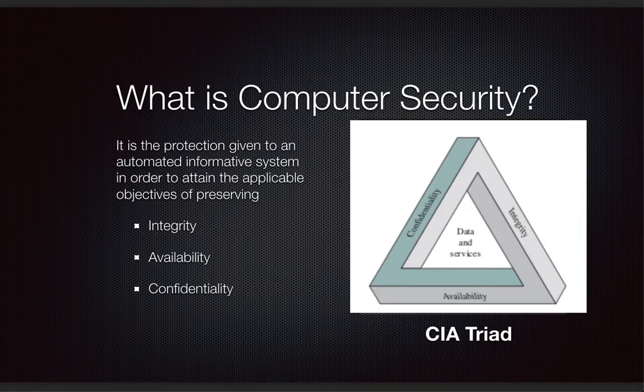There are three things that define computer security, which is also called the CIA triad. C stands for confidentiality, I means integrity, and A means availability. In the next three slides, I'll go over in more detail what each of them means and does.